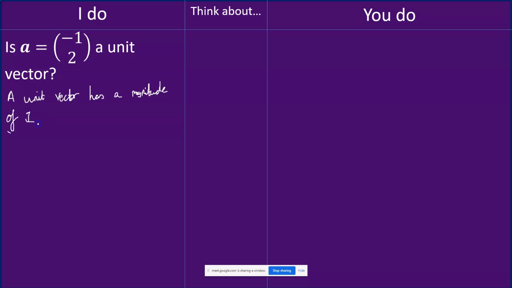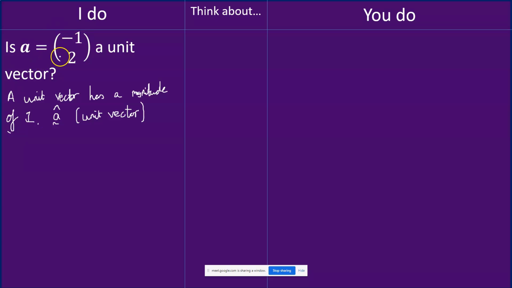That is literally the definition. A unit vector has a magnitude of 1, and that is it. The way you write a unit vector is a, and you give it a little hat, like that. You'll see me do a bit more of that in a minute. So a unit vector has to have a magnitude of 1.